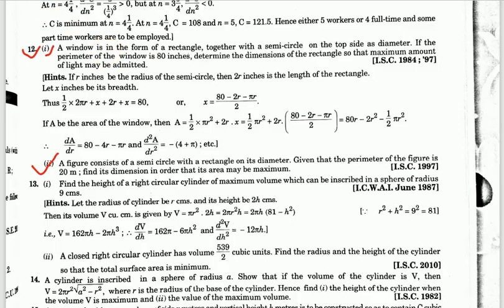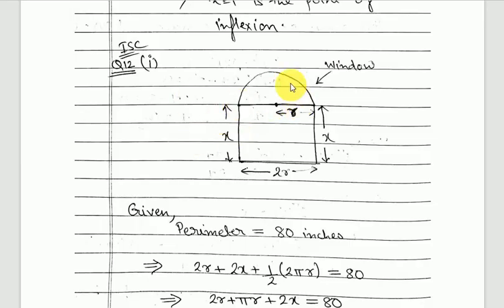Yes or no? So this is the window, and they are saying what should be the length and breadth of this rectangle so that the maximum amount of light can come in. Obviously, when the area of this rectangle is maximum, in that case you will get the maximum amount of light entering inside.